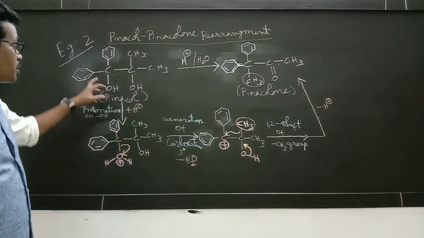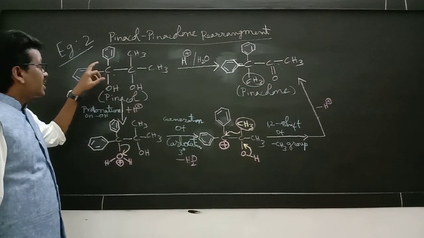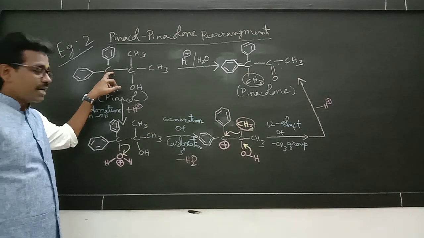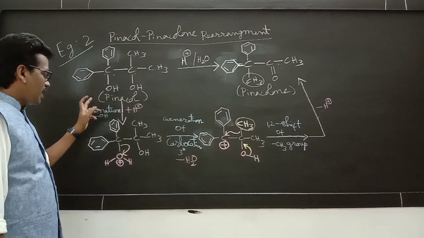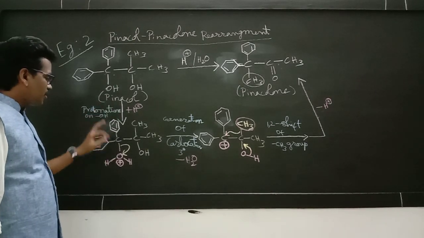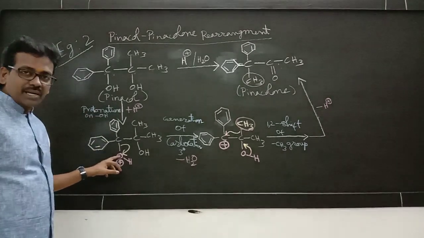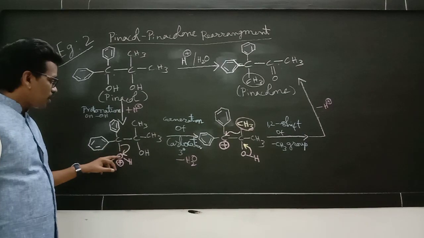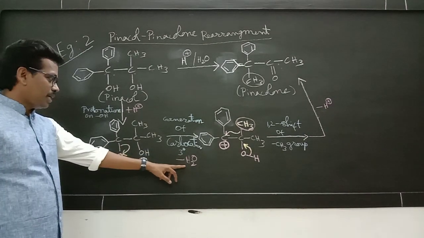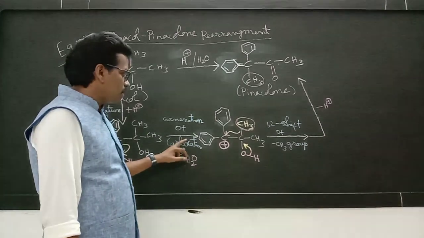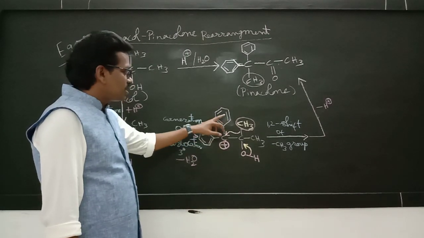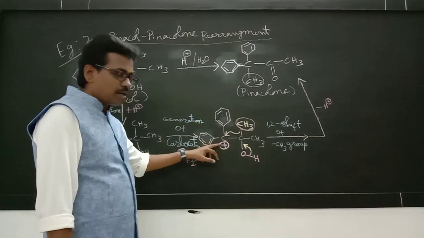The phenyl group substituted carbon containing a carbocation is more stable than the second one. After the protonation, the oxonium ion is generated and the oxonium ion is relieved in the form of water, so it results in the formation of a tertiary carbocation on the two phenyl group substituted carbon.